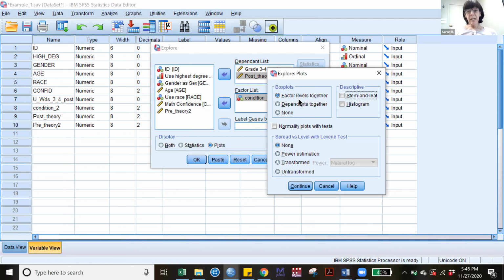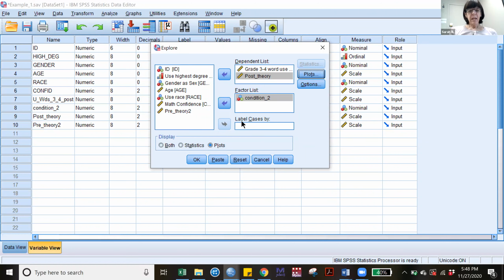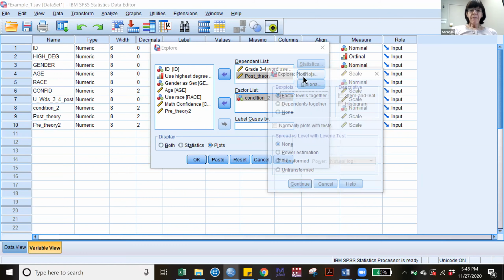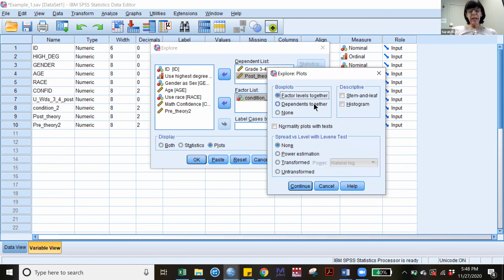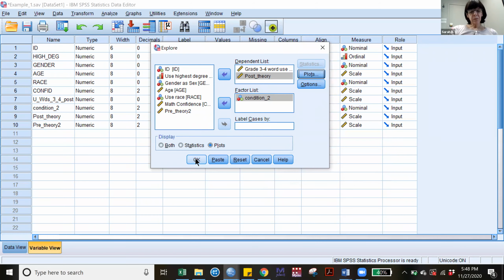So now I'm going to say the box plots. Factoring dependents together would let you compare overall word use to overall theory, and they're not on the same scale, and that wouldn't be interesting at all. Wouldn't get to what I care about.